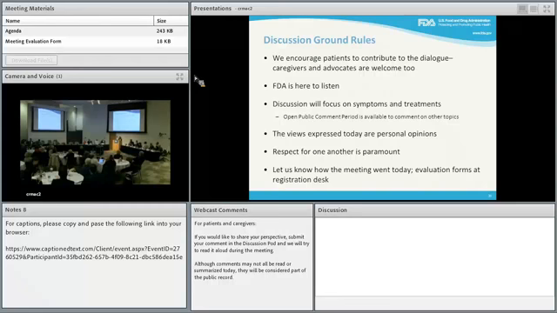We're going to do our best to stay on topic. The discussion is on symptoms and treatments. We know that there's many aspects to treating NTM lung infections, and we're not going to be able to address all of those aspects in this meeting. So whatever else comes to mind that's outside the scope of topic 1 or topic 2, we ask that you share those during the open public comment period, which we took registration for.